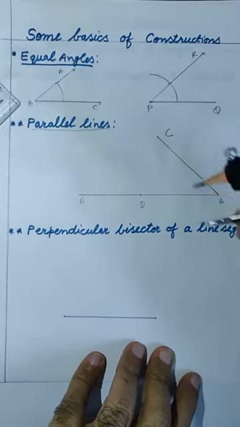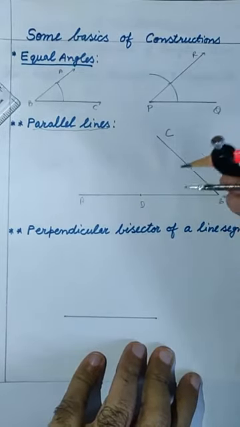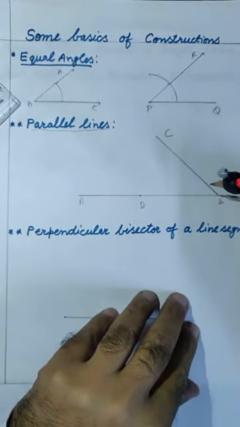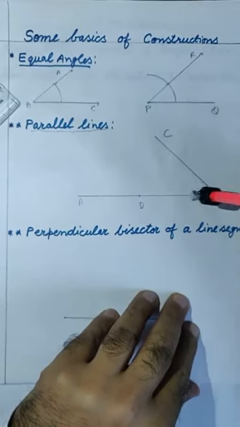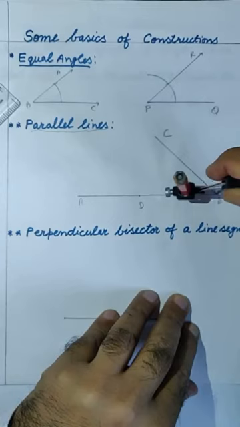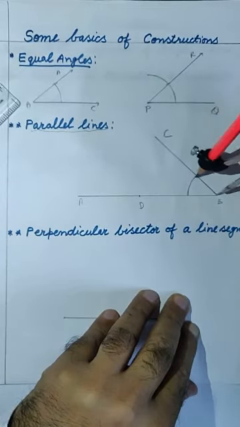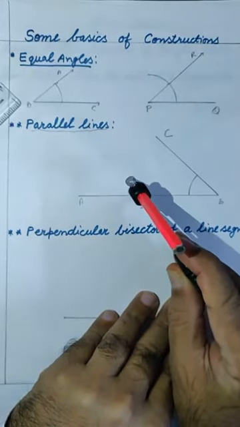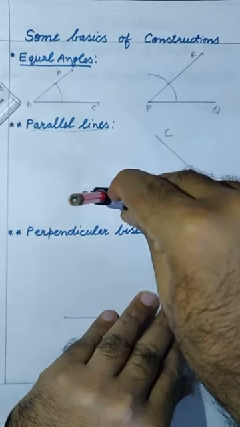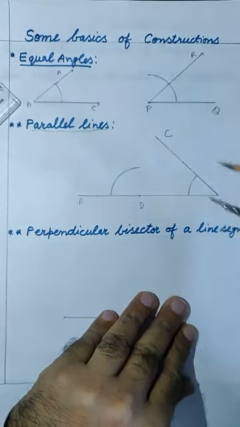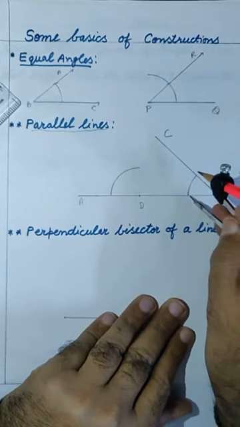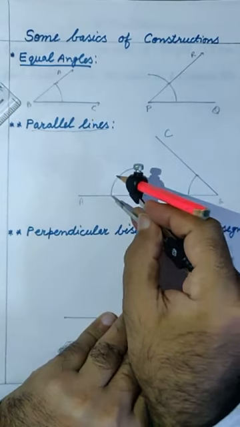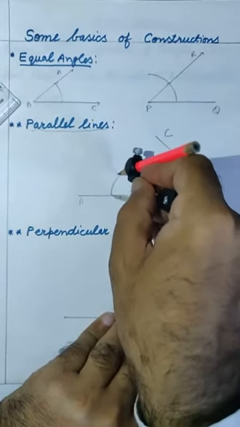You take the compass, you can open any arc, or you can put your compass here, open, then draw an arc, and the same arc you put your compass here and draw another arc, then measure this arc and cut it here.